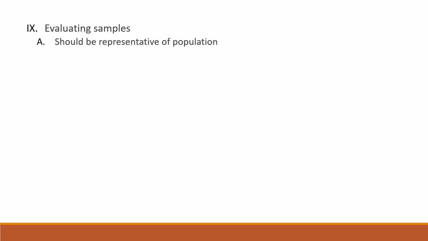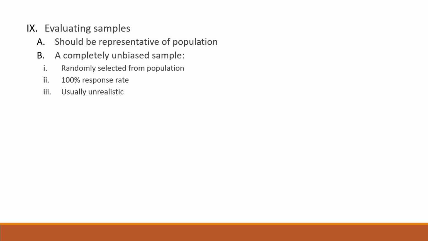When we are evaluating our samples, we need to make sure we are representative of the population. Maybe we want to make assumptions about ISU students, but we only measure men, or we only measure women, or we only measure psychology students. That's not very representative of all of our students, right? If we were to seek a completely unbiased sample, participants would be randomly sampled from the population and invited to participate.